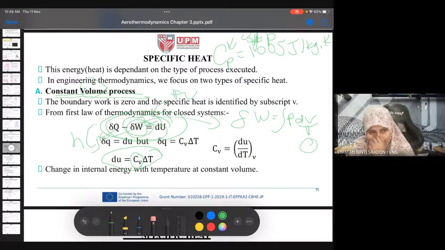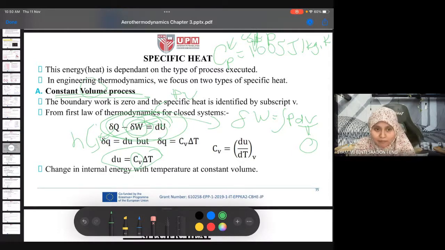So if you have an evaporation or vaporization process occurring at constant volume, you can use this specific heat Cv, and measure the difference of temperature before and after the process, delta T. The total of this dU is the change in internal energy, and at the same time the total heat transfer to the process, delta Q.